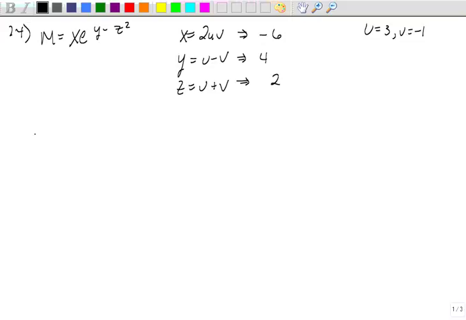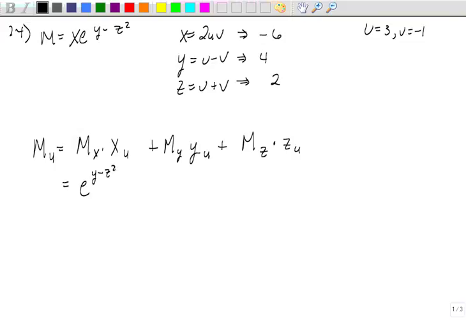And what we have is m with respect to u is m with respect to x times x with respect to u plus m with respect to y times y with respect to u plus m with respect to z times z with respect to u. So the derivative of this, well, y and z are constants, so the derivative of x is 1, so we just get the rest of this.